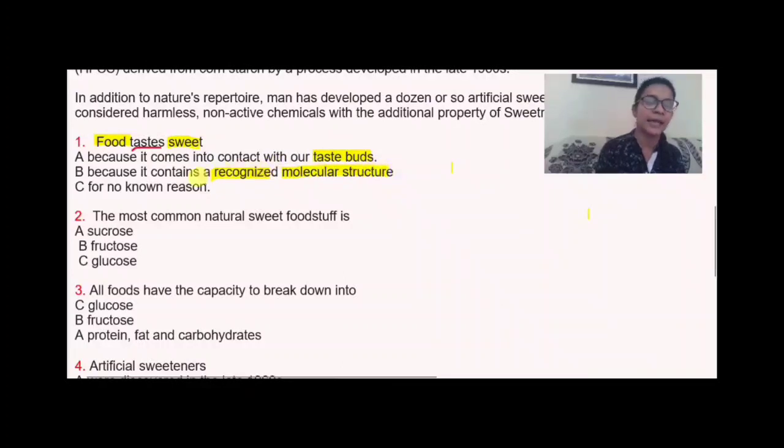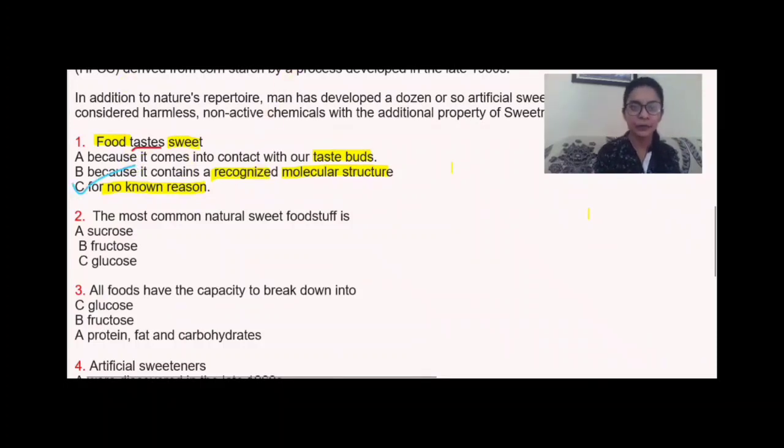Then the C option is the correct one, because they are not sure about the taste. The third option is the correct one because they are not sure about the sweetness of the food. So the third one is our correct answer.